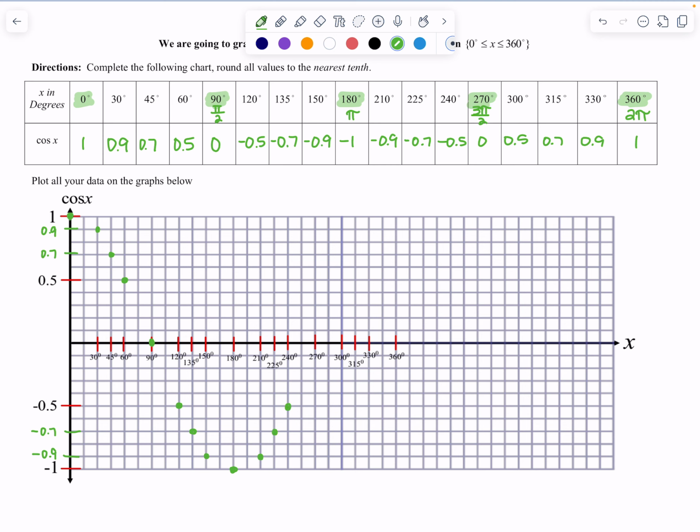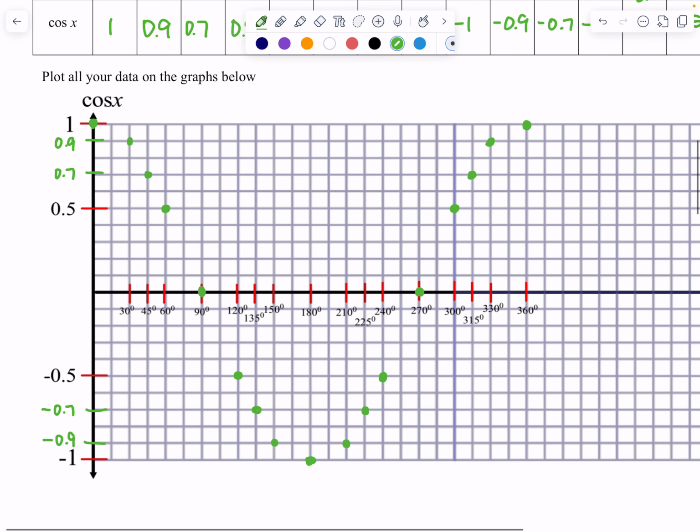By the time it gets to 270, in between quadrants 3 and 4, it's back to 0. And then here are my quadrant 4 angles, and notice that cosine is again positive above the x-axis. And then the cosine of 360 or 2 pi is equal to 1.